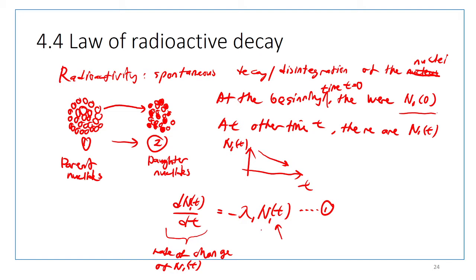This proportionality is governed by a constant that we name lambda 1, and the minus sign indicates that the number of nuclides is reducing as time goes by.